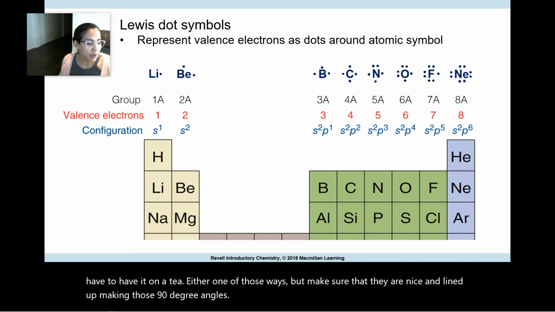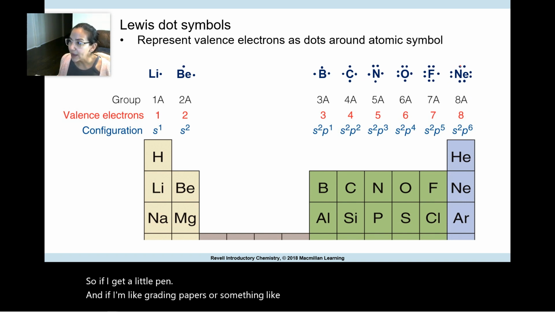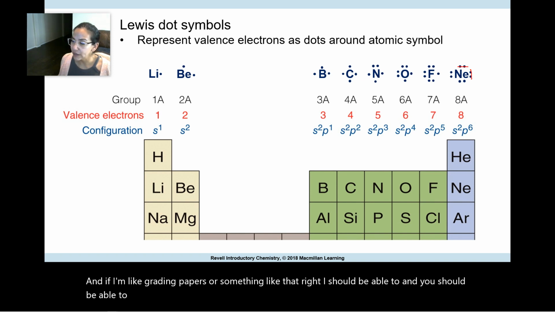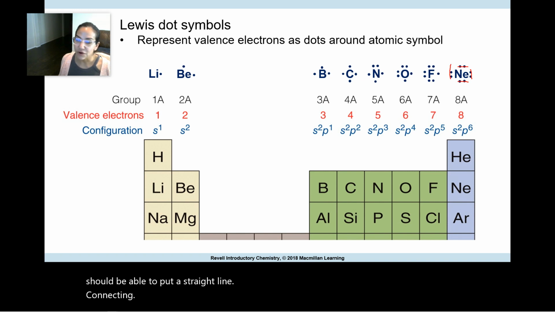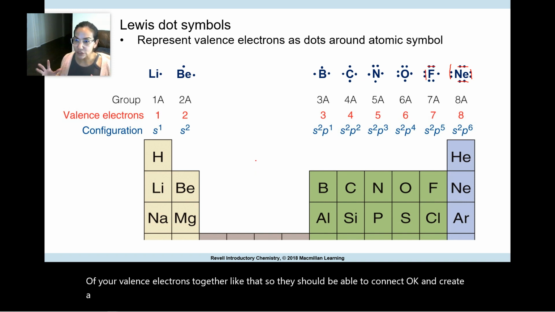So if I get a little pen, and if I'm like grading papers or something like that, right, I should be able to, and you should be able to put a straight line connecting 2 of your valence electrons together like that. So they should be able to connect, okay, and create a nice little house, like a square house.